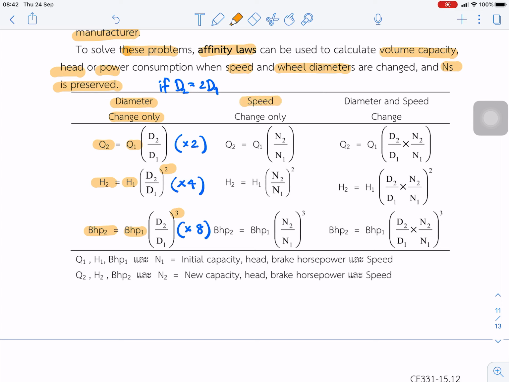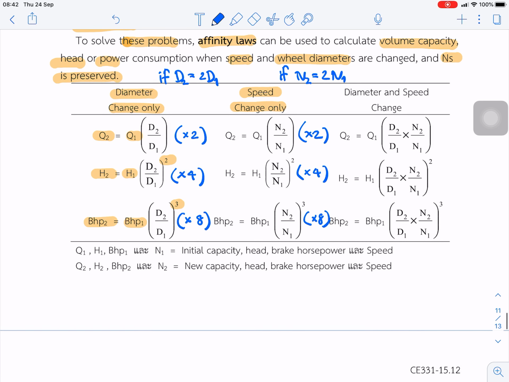Next, for speed change only, it is the same proportion. If N2 is 2 times N1, we expect Q to increase double, head 4 times, and power 8 times.